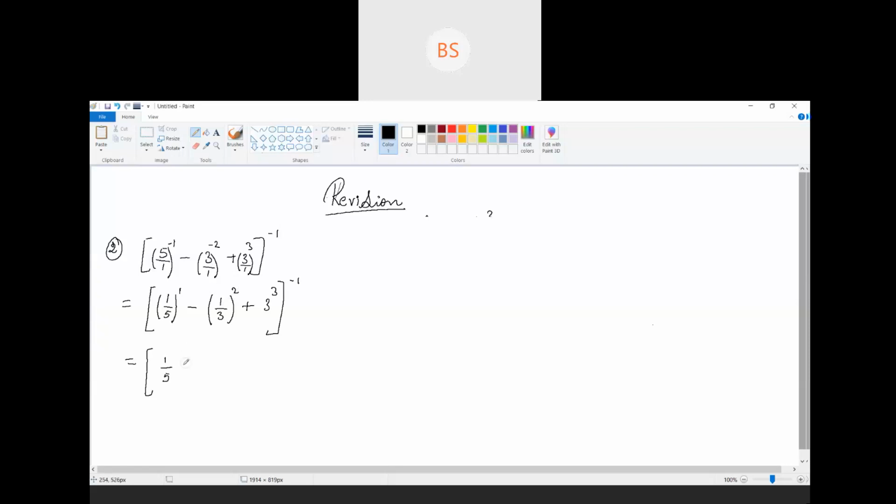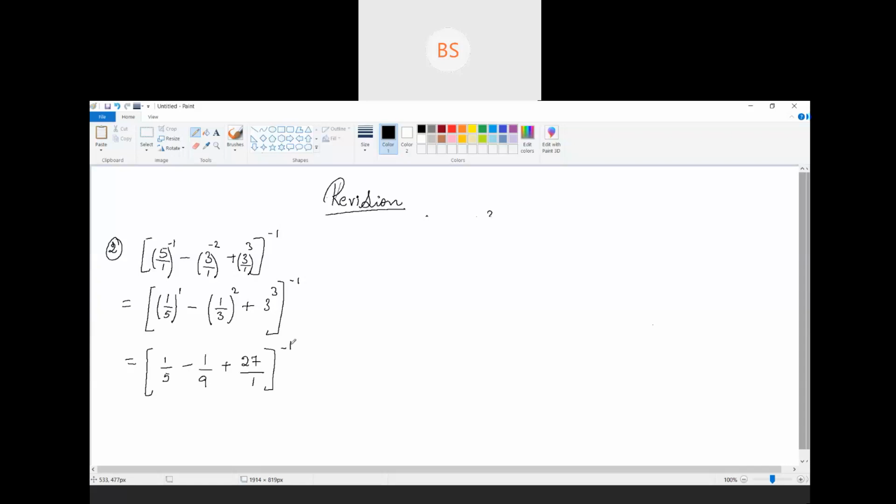So now 1 square is 1. 3 square will become 9 plus. Now 3 cube is 27. So it becomes 27. Now there is no denominator, so I'll take it as 27 upon 1, whole raised to minus 1.